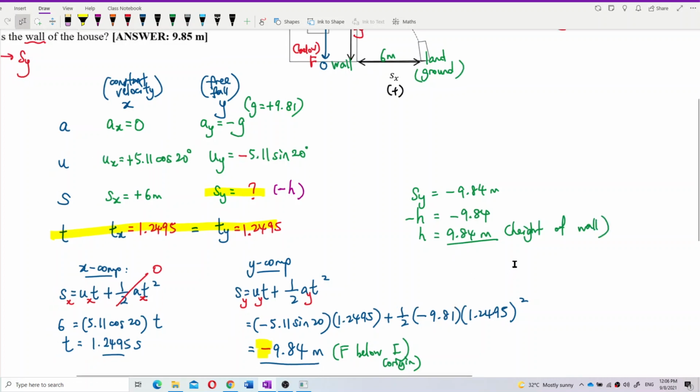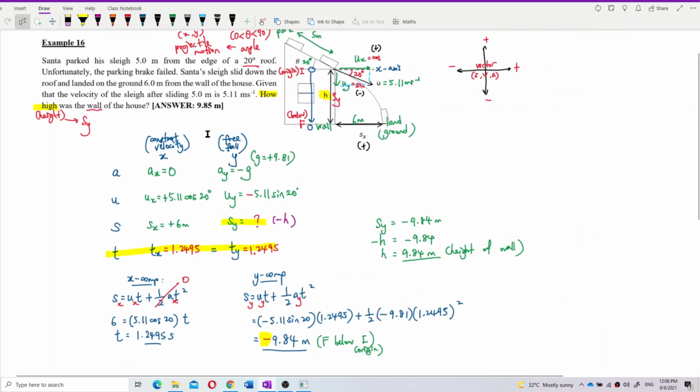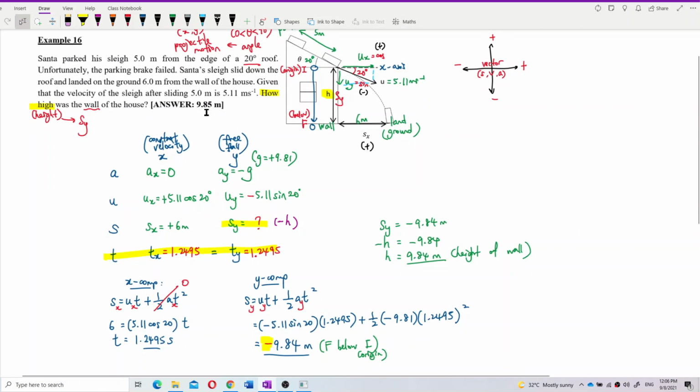Is it correct? Is my answer correct? Yeah, almost. 9.85 meter. Why he get 9.85? Probably he already round up the value of time. Maybe he put here 1.25. That's why for Sy he get 9.85.